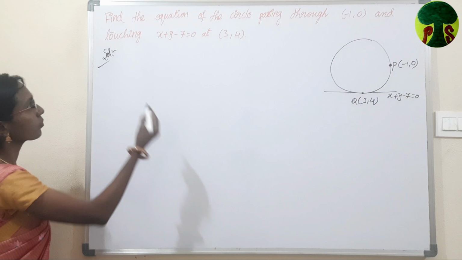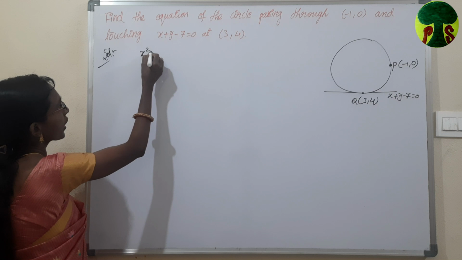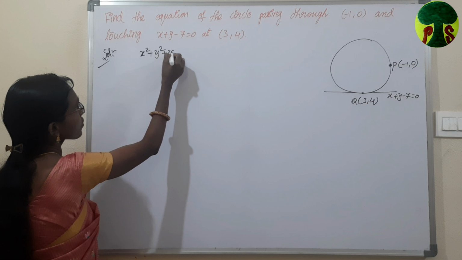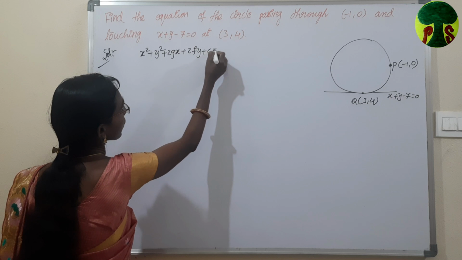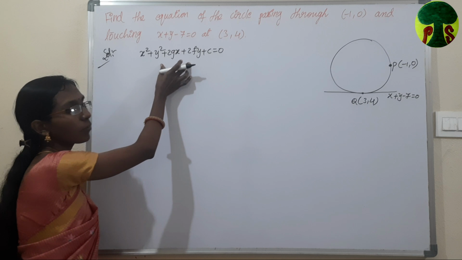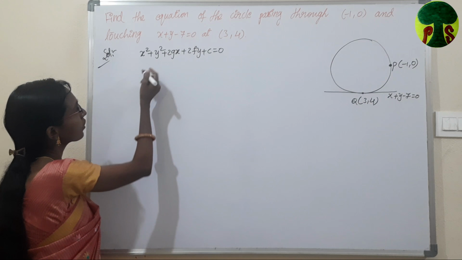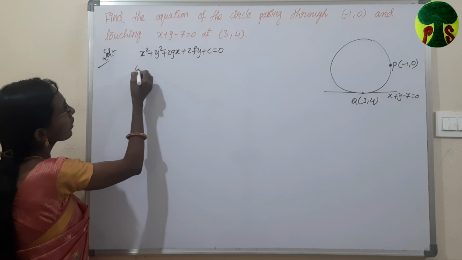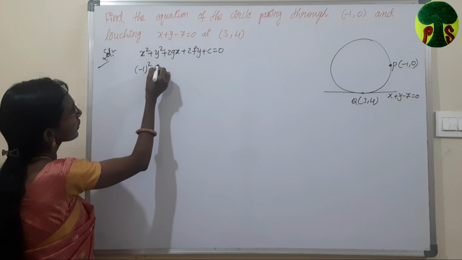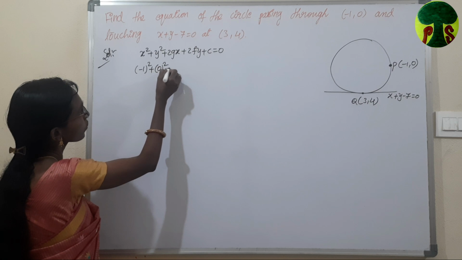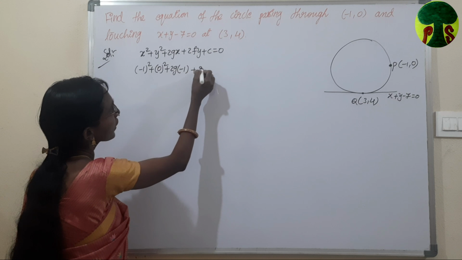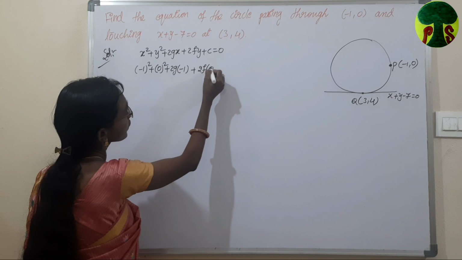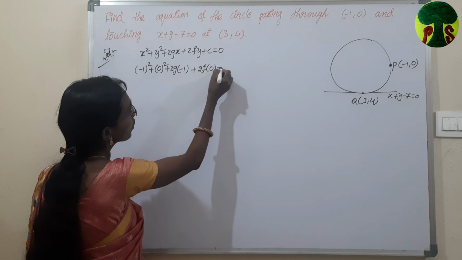Let the equation of the circle be x square plus y square plus 2gx plus 2fy plus c equals 0. The circle passes through the point minus 1, 0. Substitute that here. Then we get minus 1 whole square plus y is 0, so 0 square, plus 2g into x is minus 1, plus 2f into y is 0, plus c equals 0.